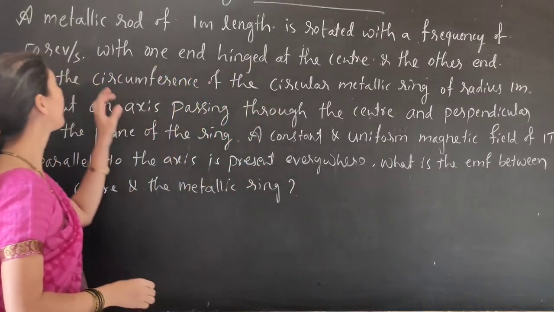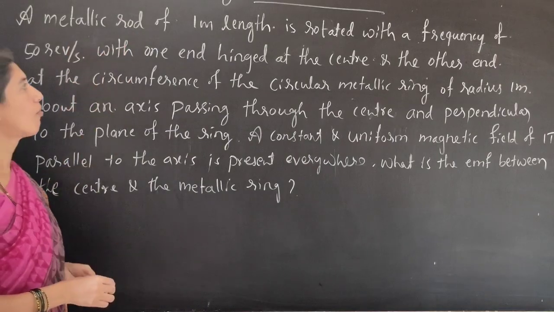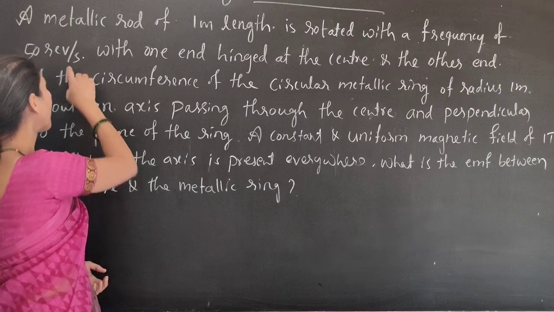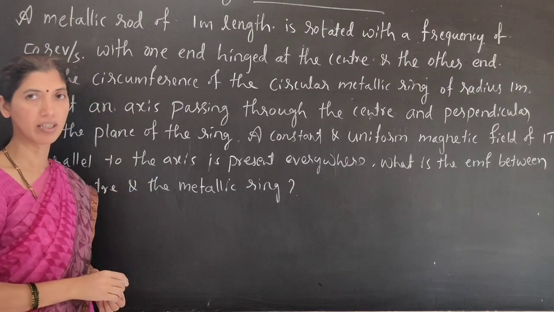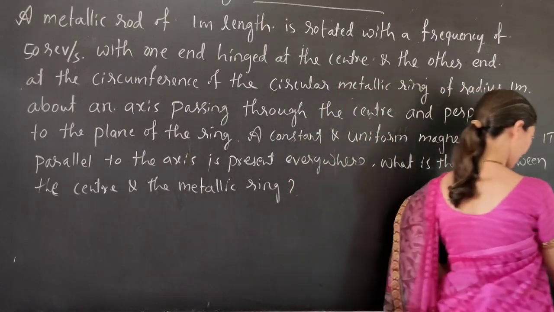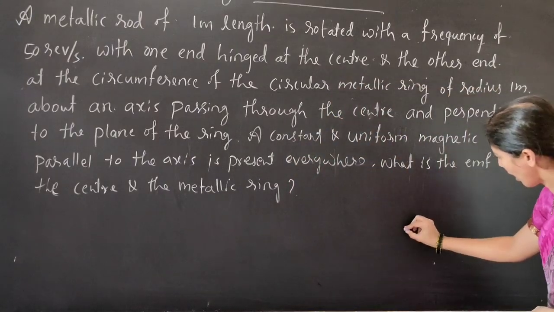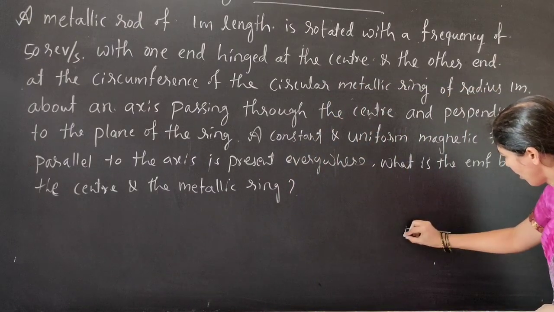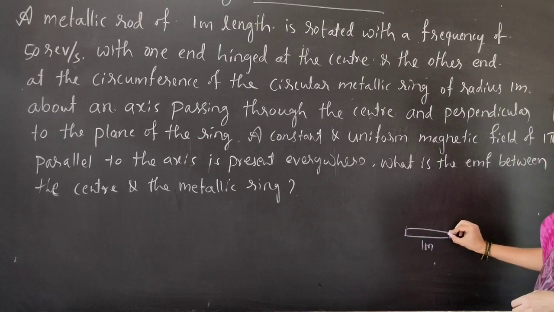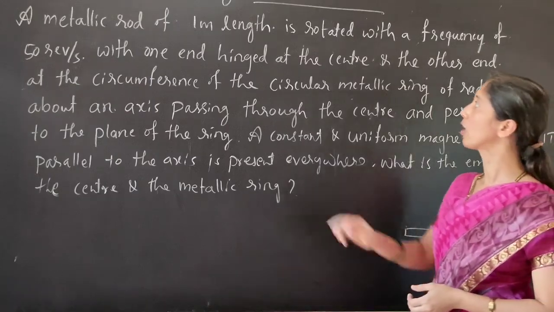In this problem, a metallic rod of 1 meter length is rotated with a frequency of 50 revolutions per second. A metallic rod is there. The length of this rod is 1 meter.